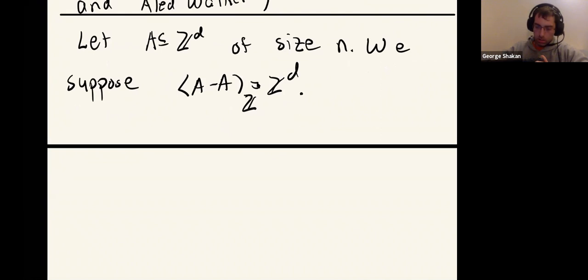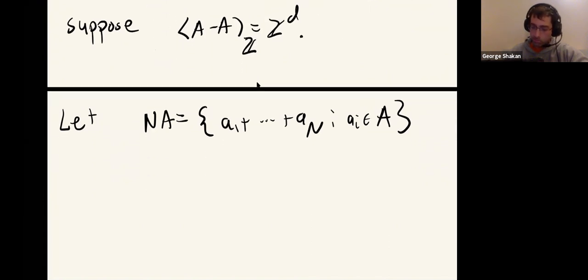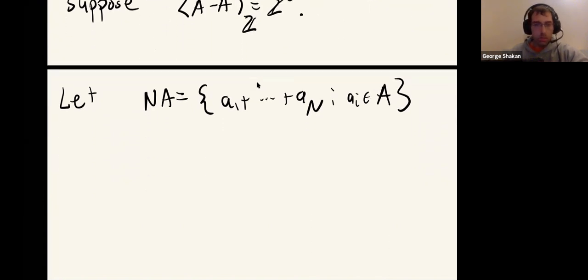Okay, and we're just going to define the fundamental thing we're going to study in this talk: the n-fold sumset. Just the classical definition. So what's the purpose?